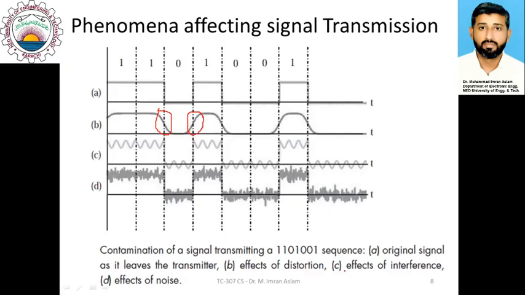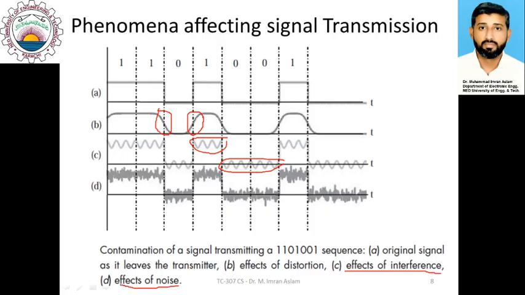Interference is an effect where we get some contamination from other sources. So eventually it also changes the shape, but it can change the shape to a certain level depending on the interference level.